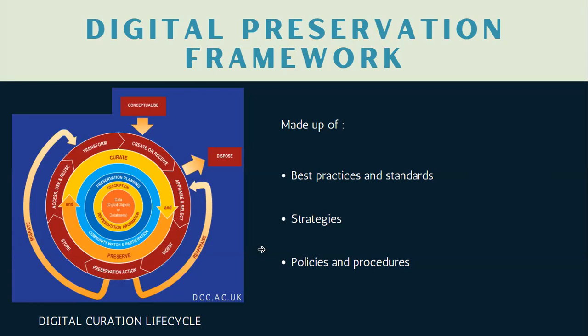Those are actions that fall more in a step. If you're looking at a workflow of what a library or an archives is doing, those are the actions that you can map when they happen. And then the full life cycle are actions that are always happening. That's why I like the sphere. You can see how many things are happening all the time. So curate and preserve are happening all of the time.